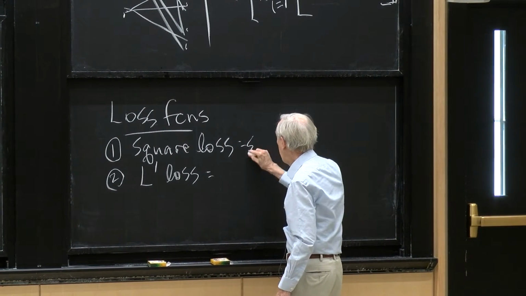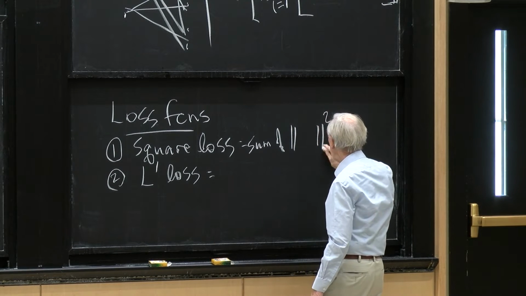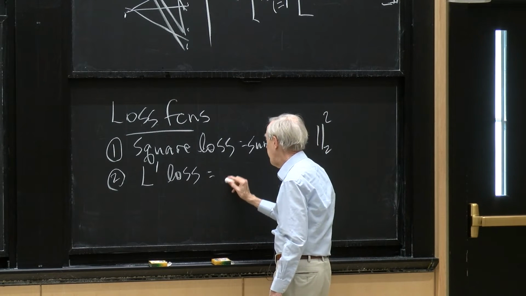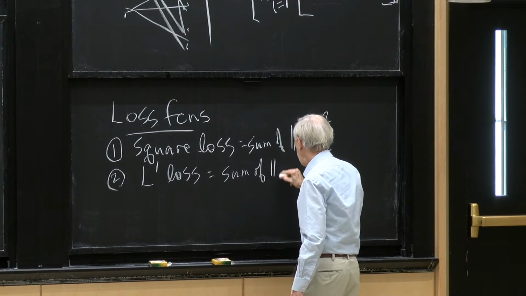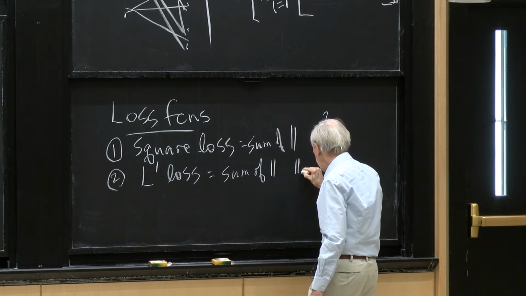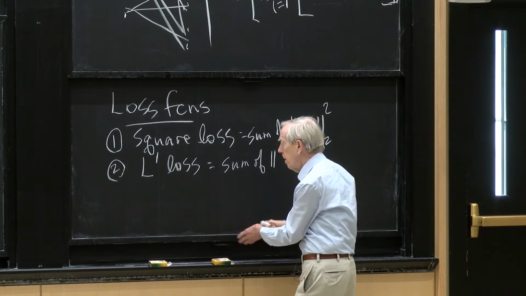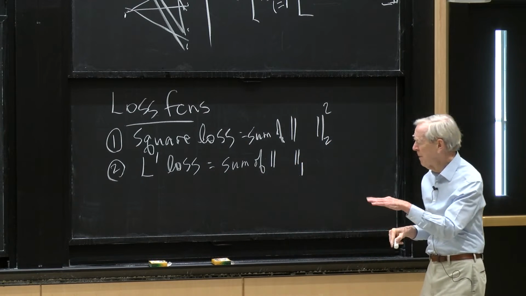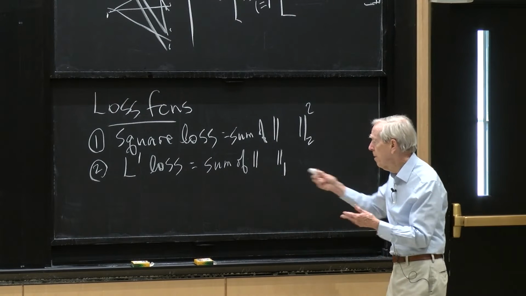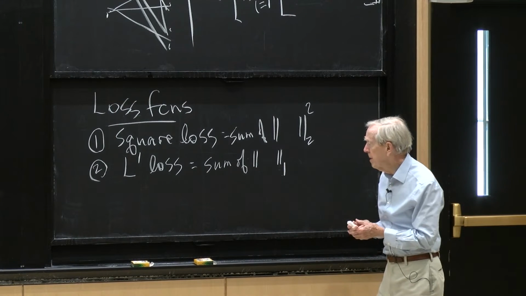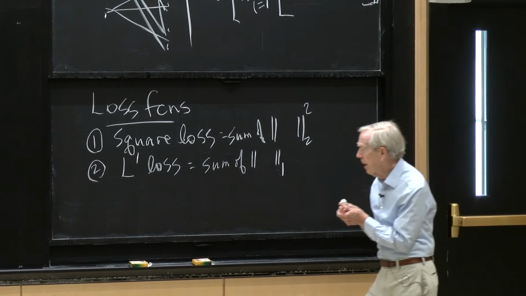This is the sum of these errors squared in the L2 norm. The L1 loss could be the sum over i of the L1 losses. But well, this comes into specific other problems like lasso and other important problems. You're minimizing an L1 norm, but not in deep learning.